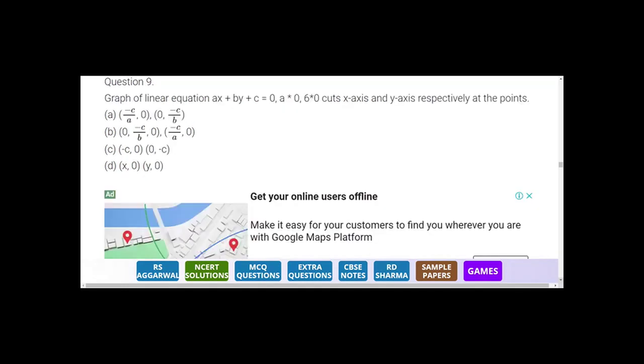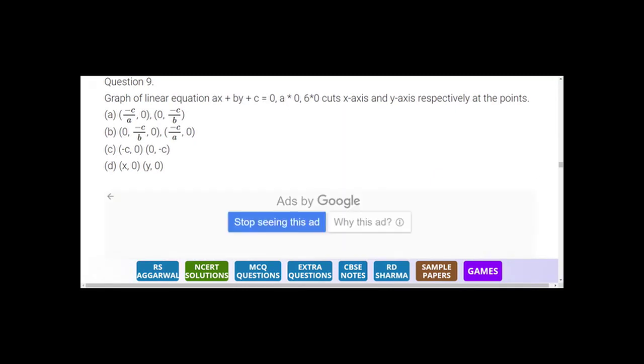Ninth question. Graph of linear equation ax plus by plus c equal to 0 cuts x axis and y axis respectively at the points a comma 0, 6 comma 0.